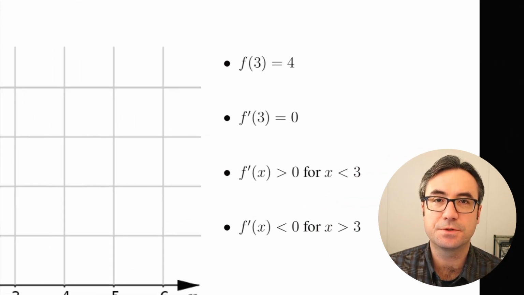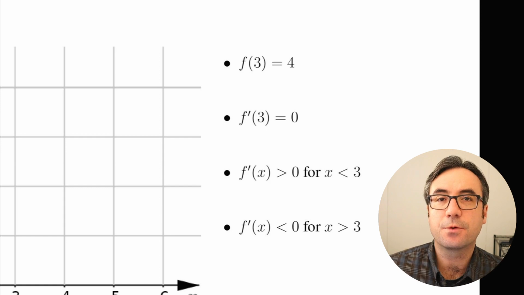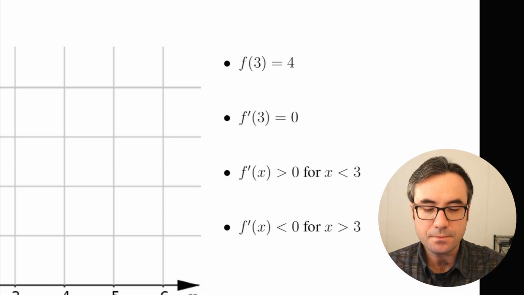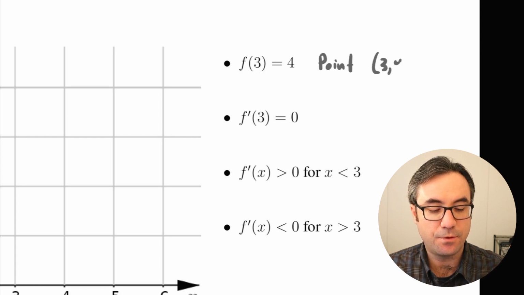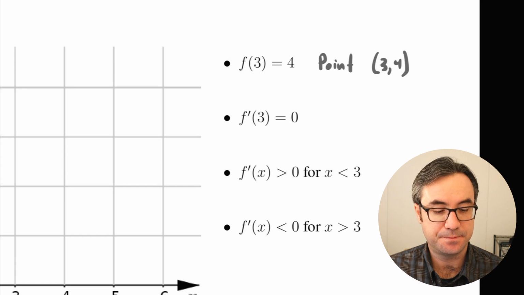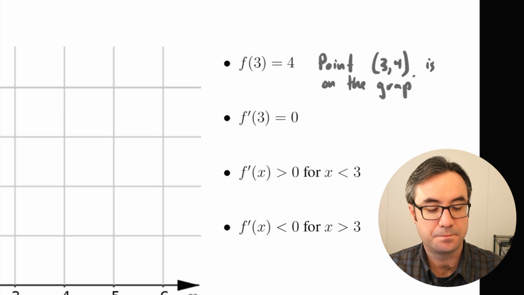f of 3 is equal to 4. So what this tells us is something about the original function. This tells us that the point (3, 4) is on the graph of our function.